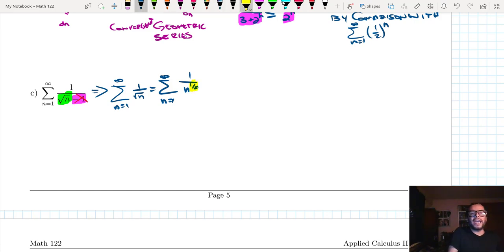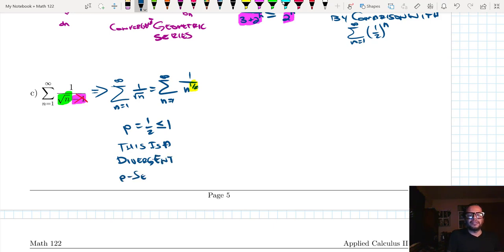In this case, it is 1/2. So p equals 1/2, which happens to be a number less than or equal to 1. And in accordance with the P series test, this is a divergent P series.